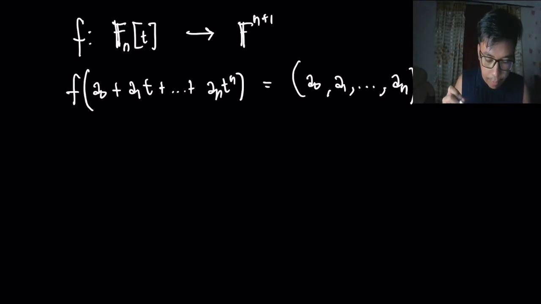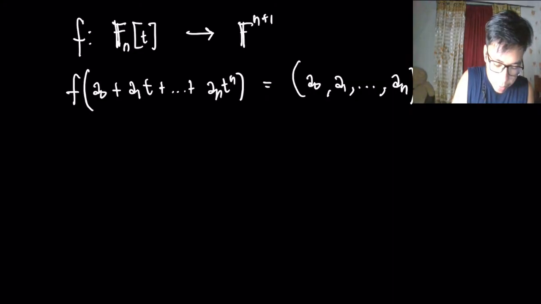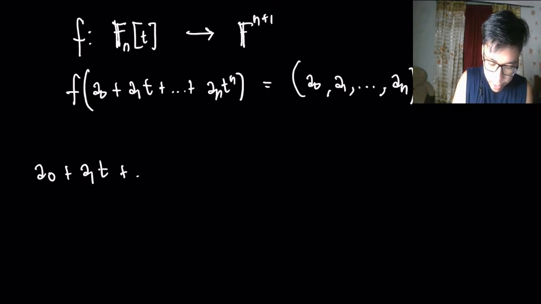Okay, so say for example, you have a_0 + a_1 t + up until a_n t^n.